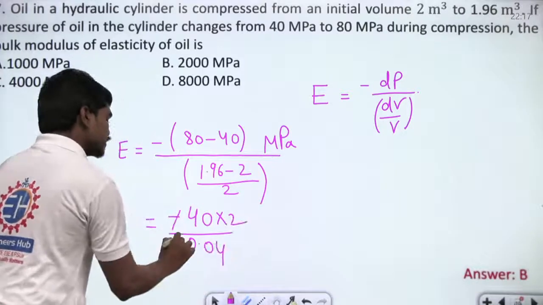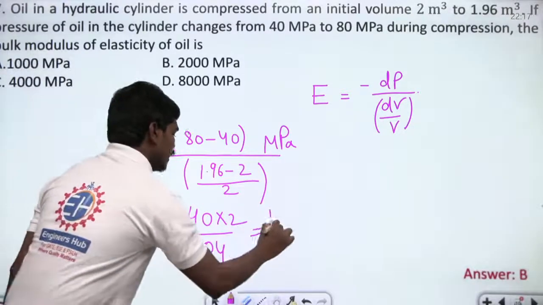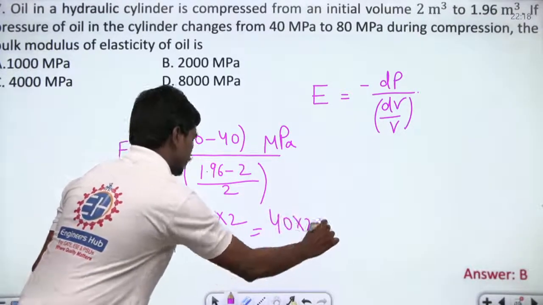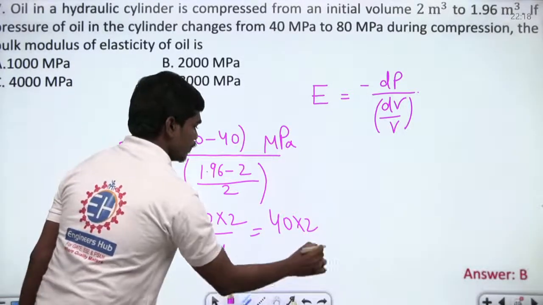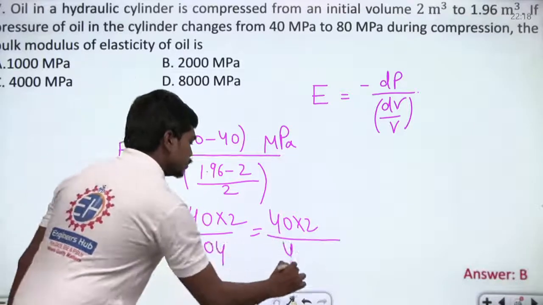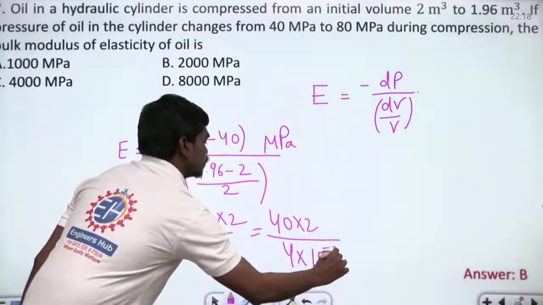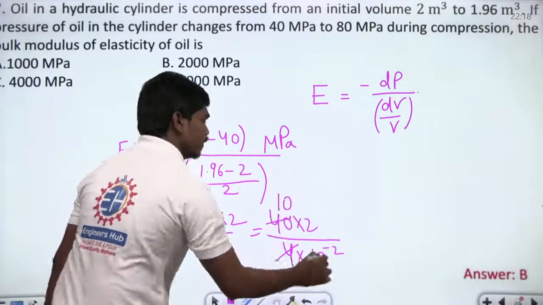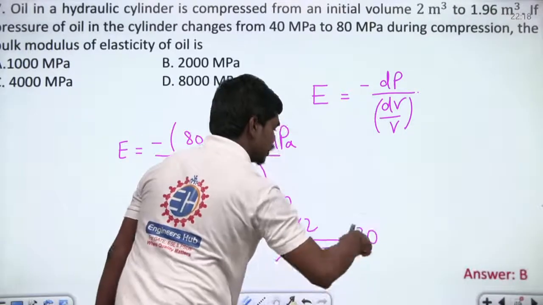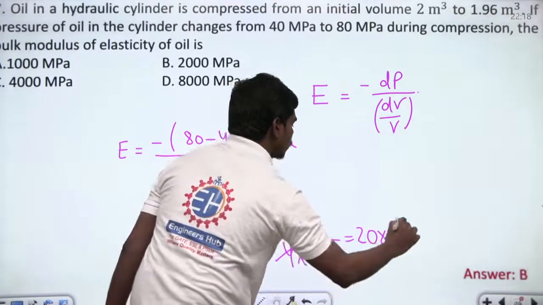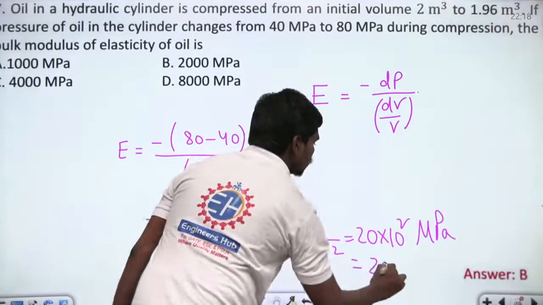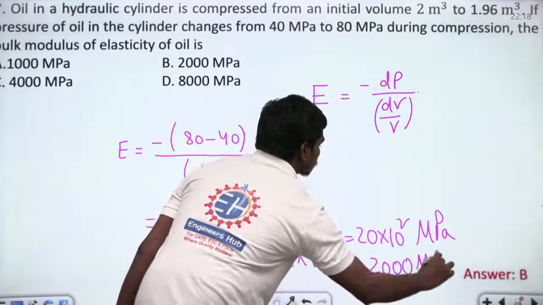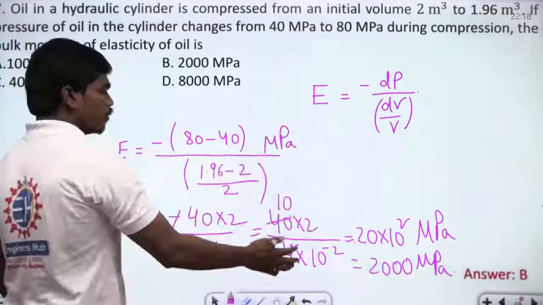So minus, 10 gets cancelled. 40 into 2, and this 4 can be written as 4 into 10 to the power minus 2. So this cancels 10 times, and we have 20; this 10 to the power minus 2, if it goes on to the top, we have 10 square megapascals. So this is equal to 2000 megapascals. So 2000 megapascals is the bulk modulus of this fluid.